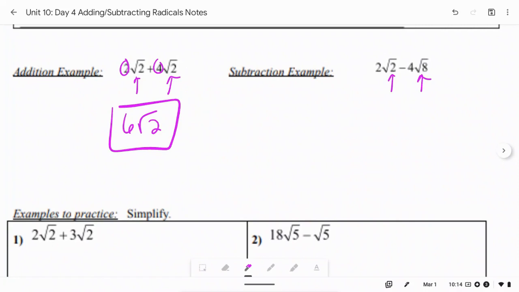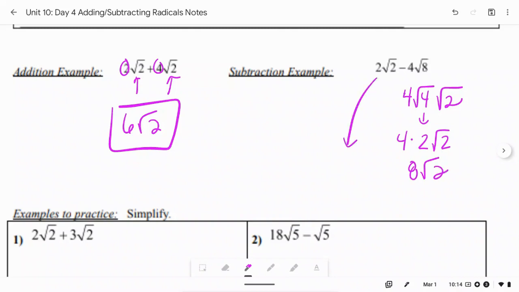So I'm going to go ahead and bring down the 4. Then I know the perfect square number that I can divide 8 by is 4 times 2. The square root of 4 is just going to become 2, bring down the square root of 2, and then since there's a 4 in front, I need to multiply the 2 by 4 to get 8 square root 2.